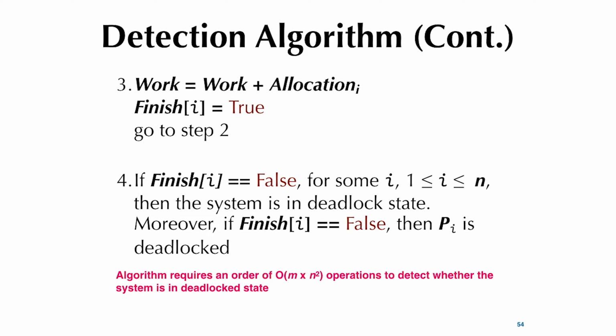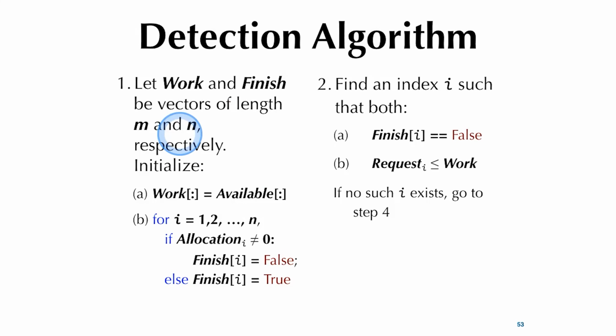Now, step 3 is similar, except now work gets work plus allocation, and finish gets true. So if it can be fulfilled, you assume that it then can be taken back. And then you go through and see if there are additional processes that can then be granted their request, right?